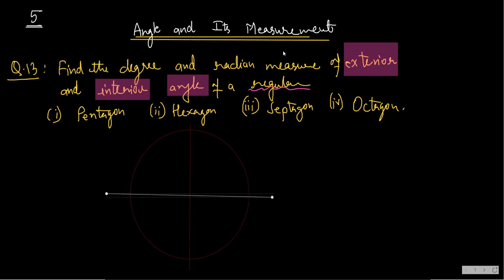If the idea is clear, you can easily solve this problem without the diagram. Diagram is not necessary. I'm doing it because I want you all to have a clear picture of what we are doing. So see here, we have a regular hexagon here.